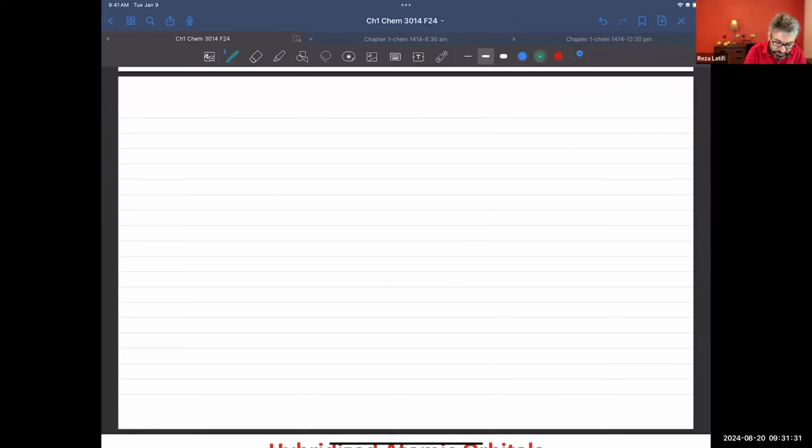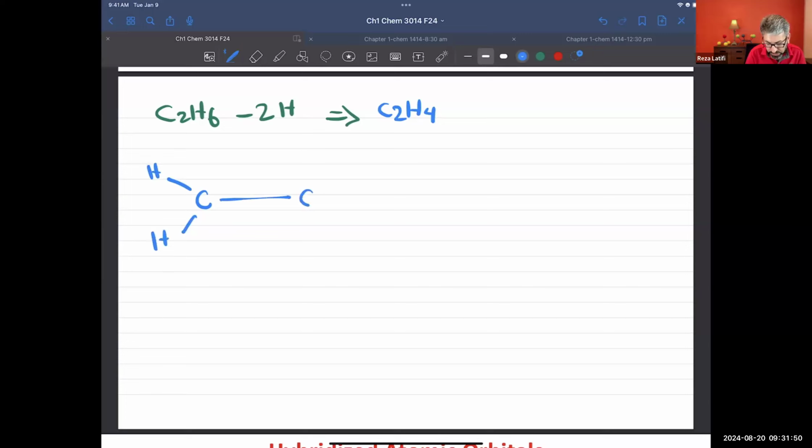We have C2H6. We're going to remove 2 hydrogens from it, and that's going to give us C2H4. So we have a carbon attached to 2 hydrogens, and that carbon will be attached to another 2 hydrogens.